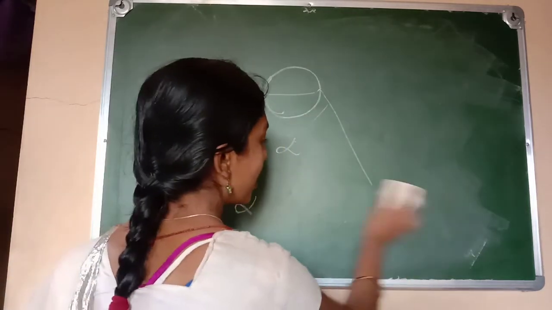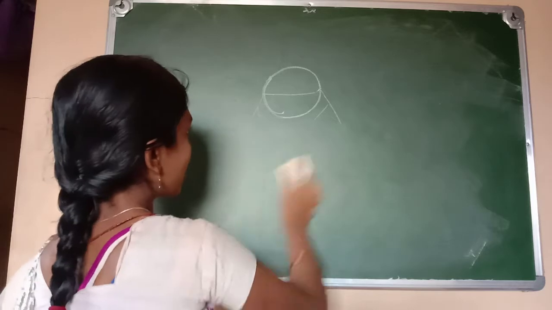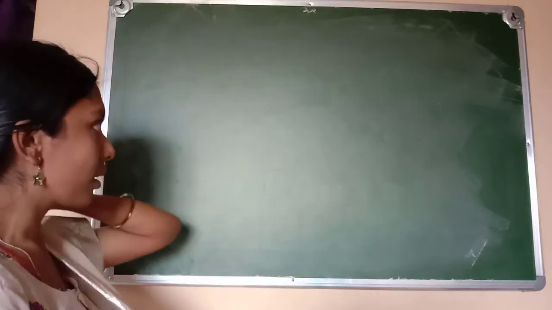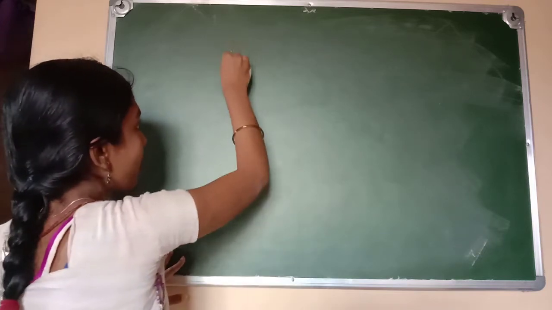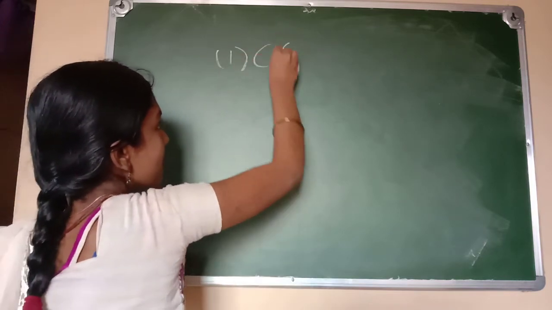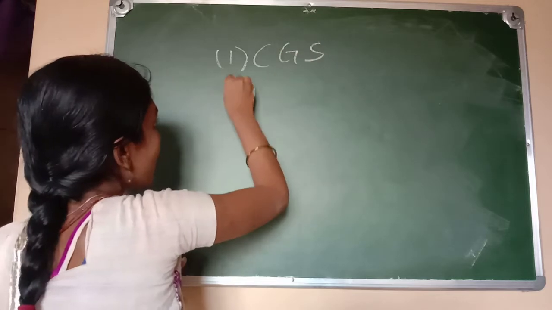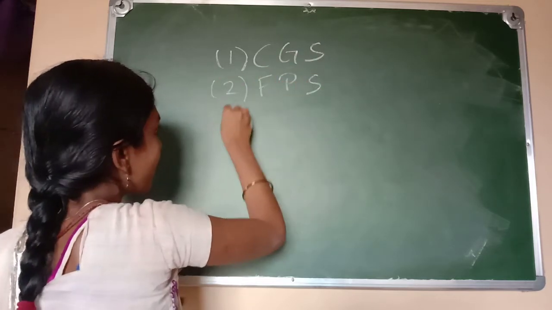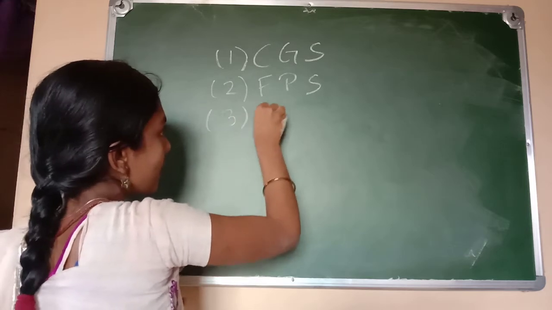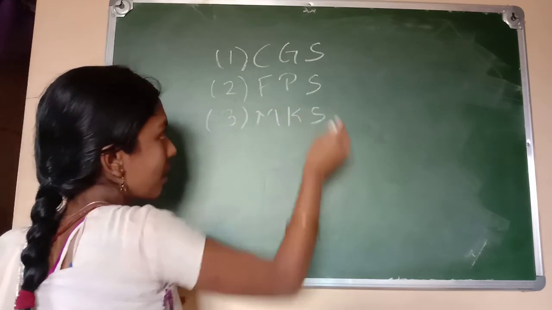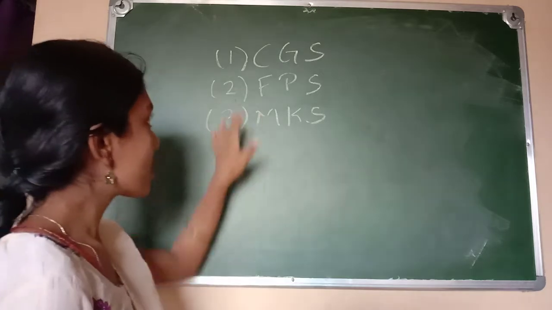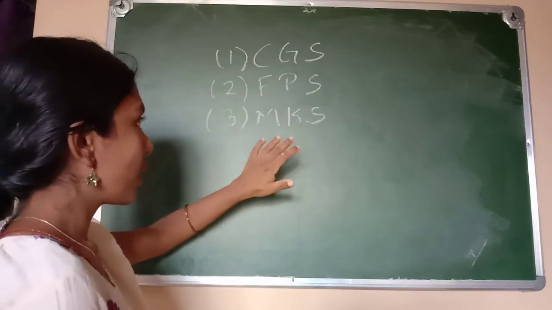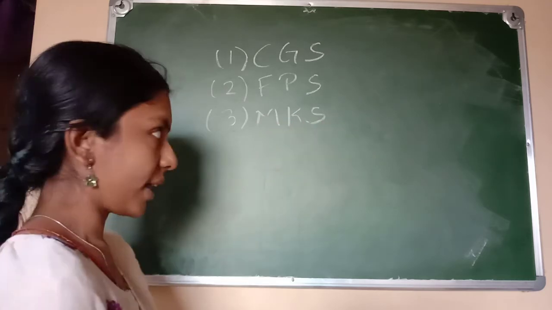So let me just revise the topics we learned today. So mainly we learned about different unit systems, CGS, FPS and MKS: centimeter, gram, second; foot, pound, second; meter, kilogram and second.